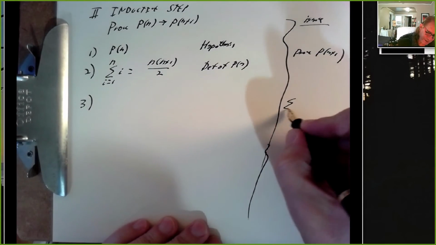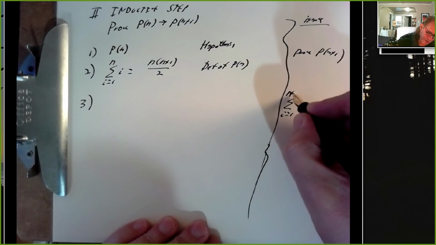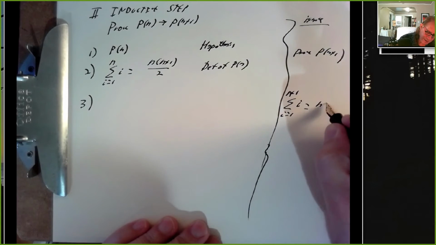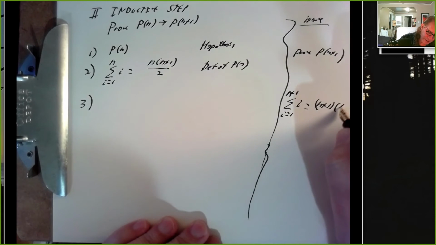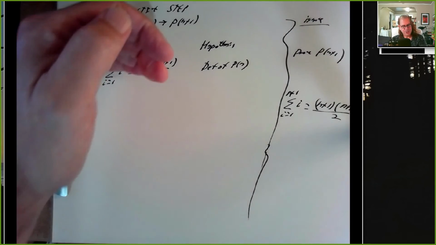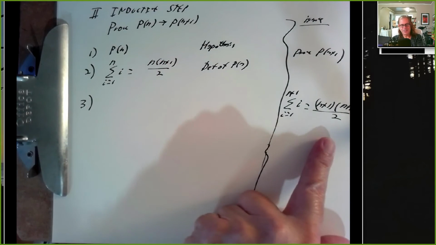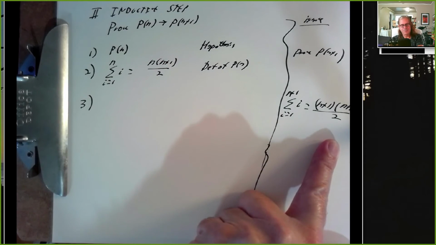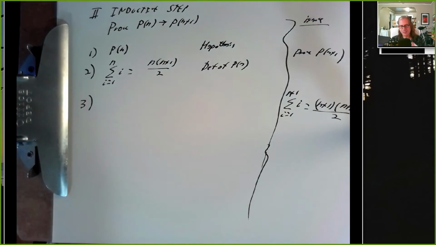We want to prove that the sum from i equals 1 to n plus 1 of i is equal to n plus 1 times n plus 1 plus 1 over 2. If we can argue here and eventually state that this is true, we're done. We've proven P of n plus 1. We've got our inductive step. We put that together with our base case. We say mathematical induction, and we're done.